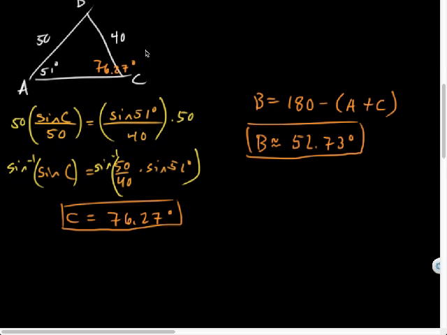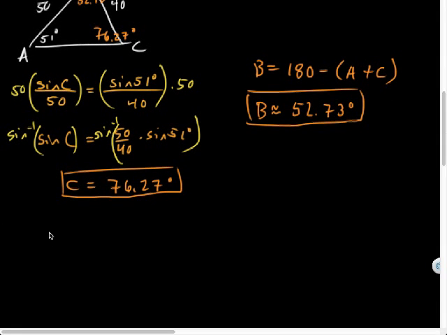And then to find side B, I can label that 52.73 degrees. Side B I'm expecting to be the medium-length side, and I can use law of sines again. So B over sine of 52.73 is going to equal 40 over sine of 51 degrees.